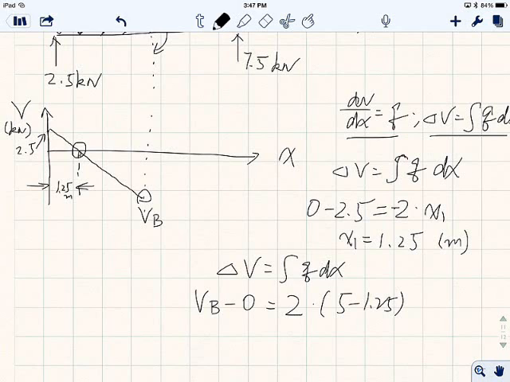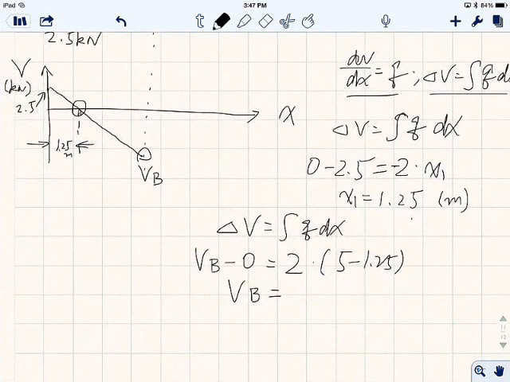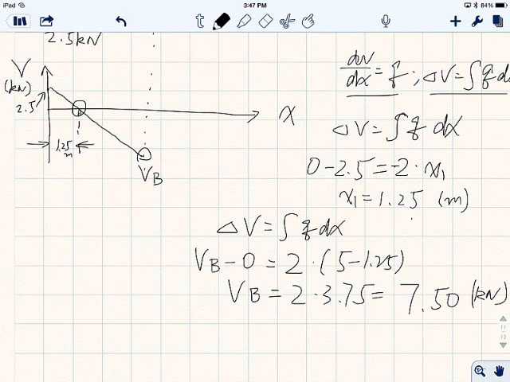Okay, so VB, if you calculate that out, equals 2 times 3.75, with a unit of kilonewtons.